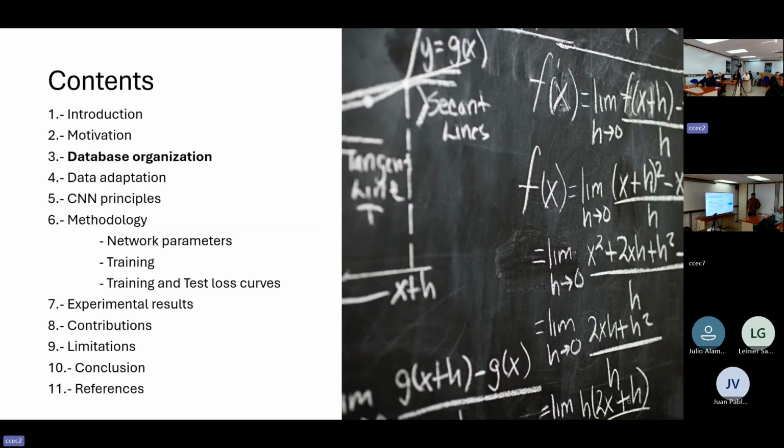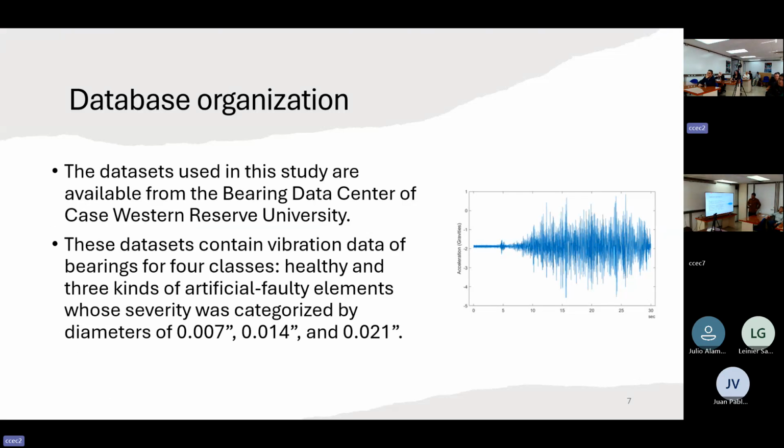Well, we are going to talk about how the database is organized. This database is organized by vibrational analysis sampled at 2,000 samples per second. These datasets are available from the Case Western Reserve University website.